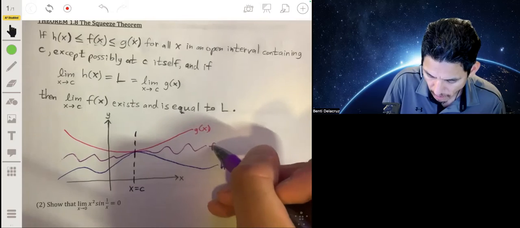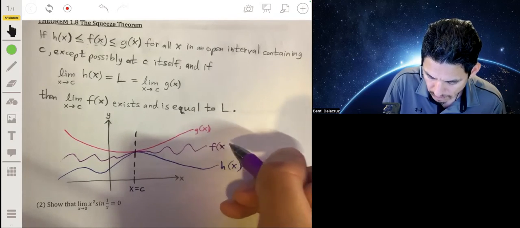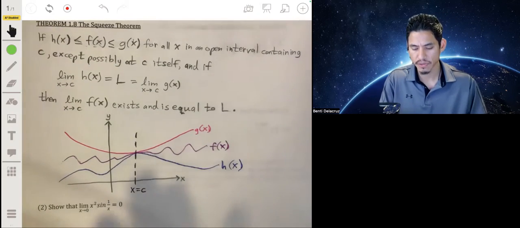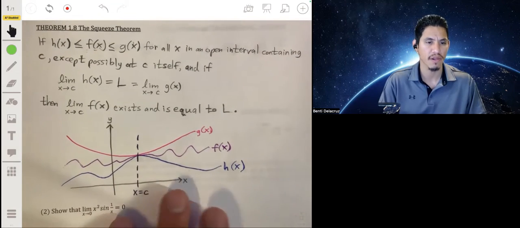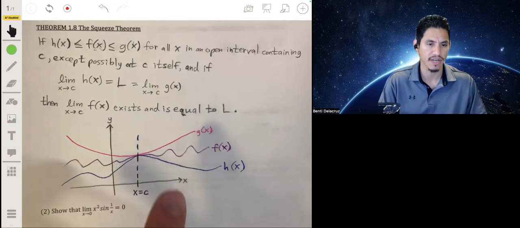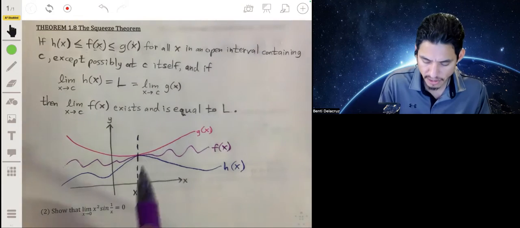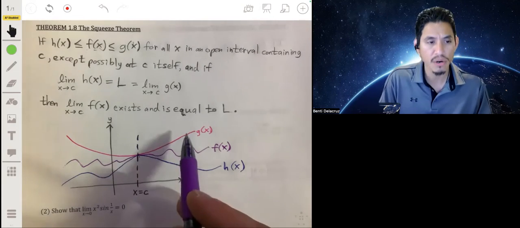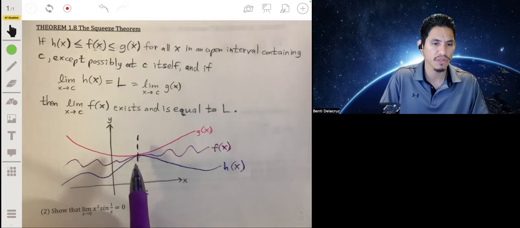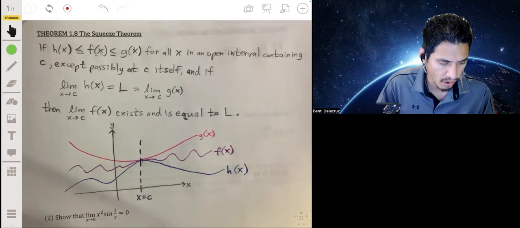That's f of x. So it's called the squeeze theorem because f of x is squeezed between two functions that we're going to name g of x and h of x. We may not know what's going on with f of x at that point c, but if we know what's going on with g of x and with h of x, we can figure out what's going on with f of x by comparing those two.